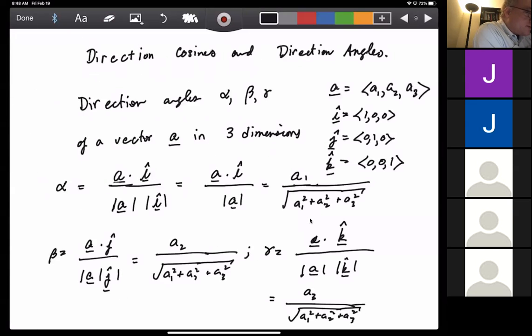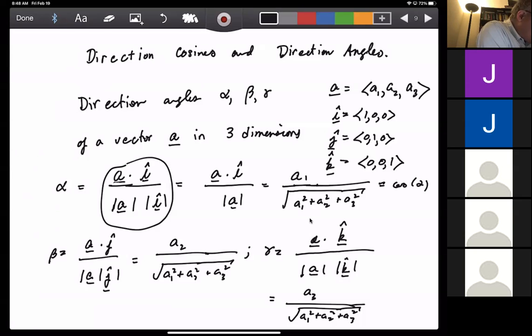Right, so look, notice what we have here. By definition, this guy, the alpha, well, that's the dot product of the vectors divided by the product of the lengths of the vectors. That's exactly the cosine of the angle that the vector A makes.